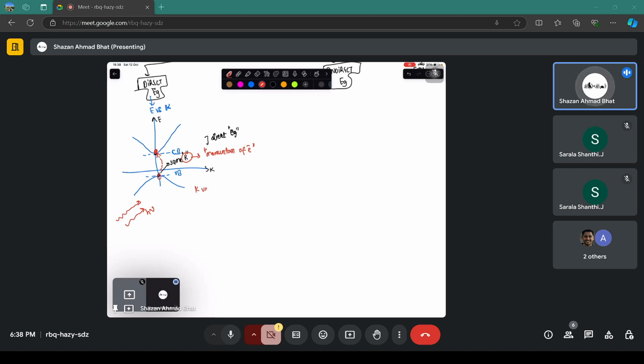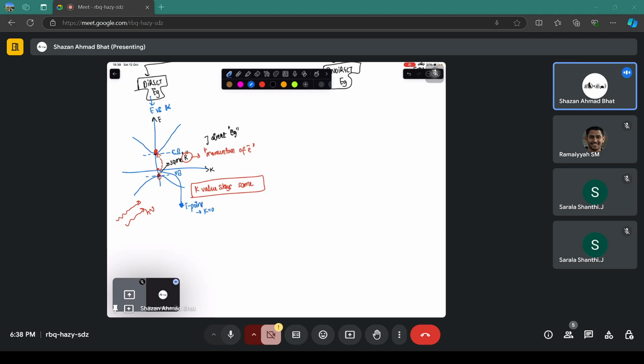So the K value stays the same. Whatever the momentum was before, it is the same momentum. It's at the same K value. And to be exact, at this particular point, which is called the gamma point, you have K value equal to 0.